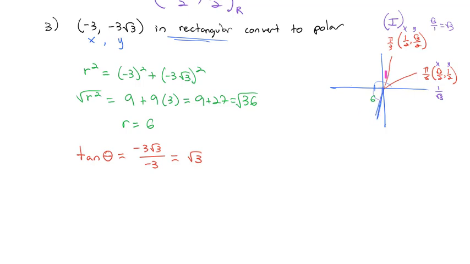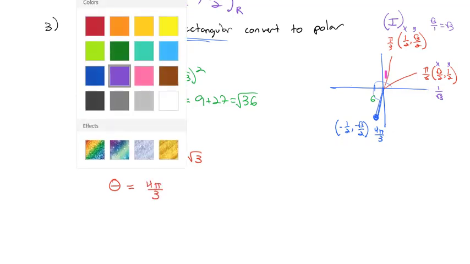That's going to correspond with pi over 3. Well, that's going to be 4 pi over 3, which has coordinates of negative 1/2 comma negative root 3 over 2. And when I divide those, I'll get a positive root 3. So my angle theta must be 4 pi over 3.